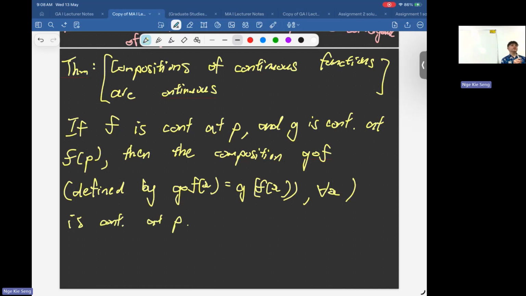Maybe I'll let you think about it for 1 minute. How do you apply the definition just now to prove this? Any idea?